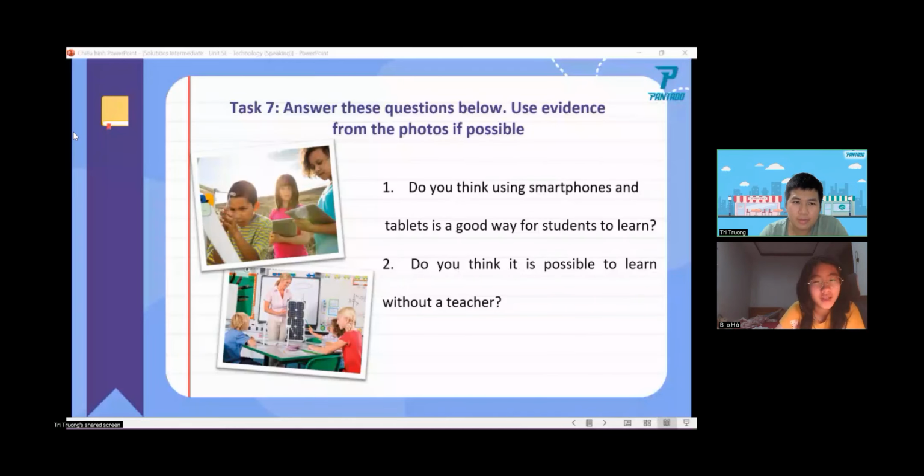No. Why? What a teacher can provide you. Experience. They teach many students and they know how to teach students with support, and they're more experienced than smartphones and tablets.